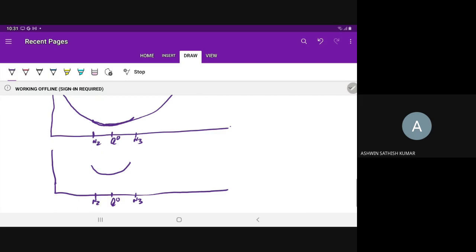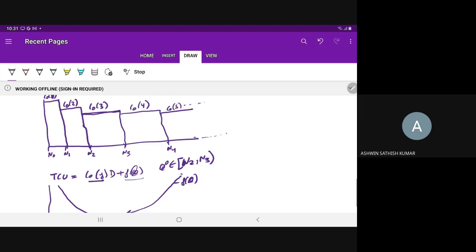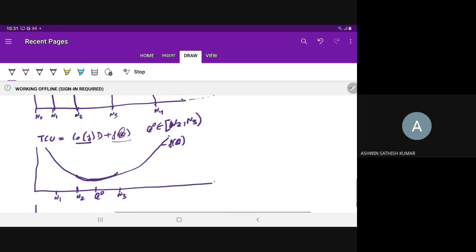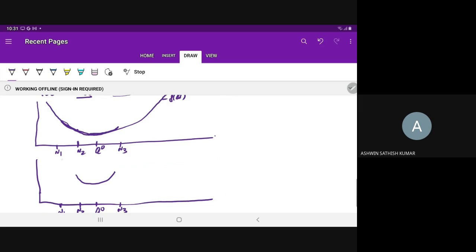Clear this part? Now, here we have the N1. Between the N1 to N2, we have the constant plus decreasing, so it is decreasing. Clear?